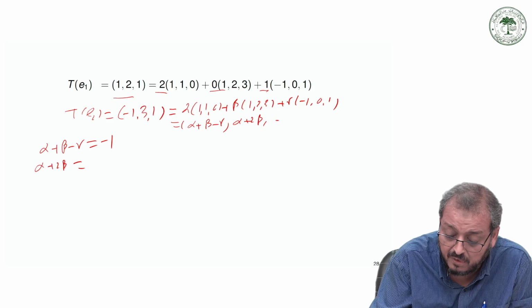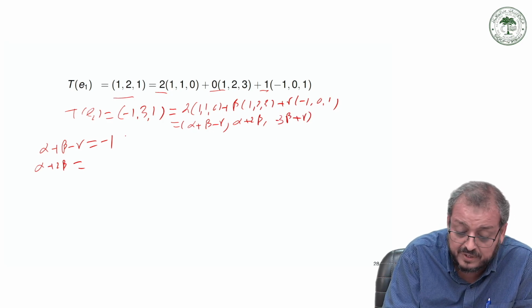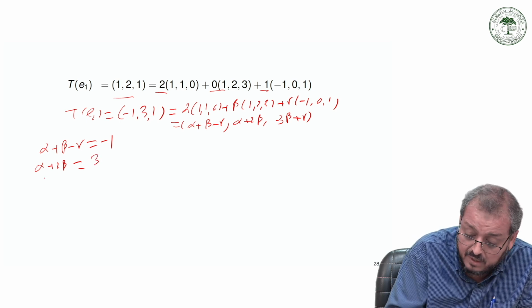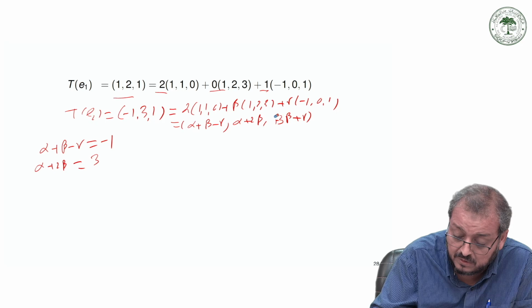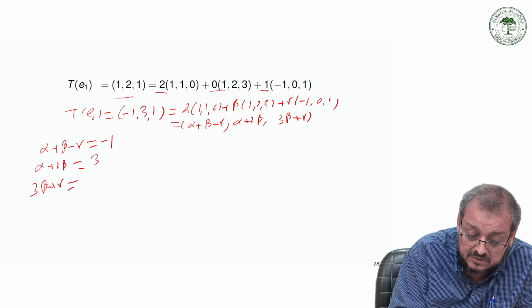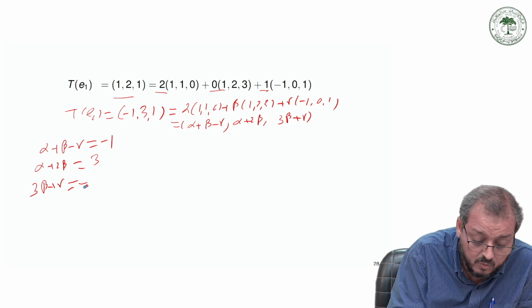So this is equal to minus 1, and then alpha plus 2 beta is equal to 3, and sorry, this is not a minus, 3 beta plus gamma is equal to 1.